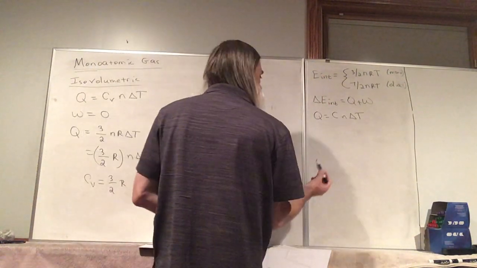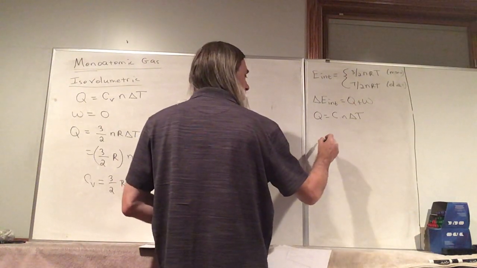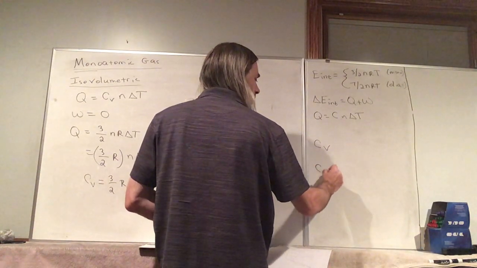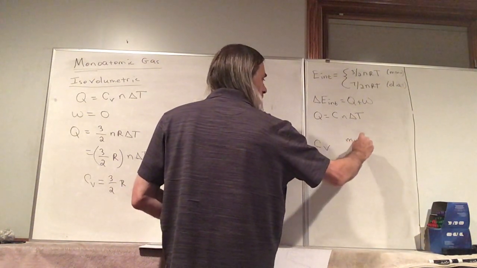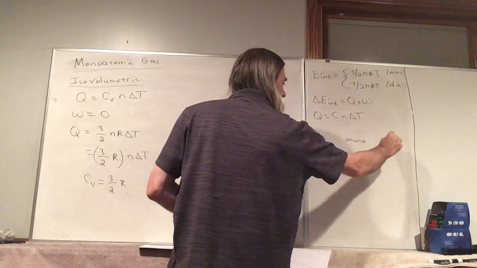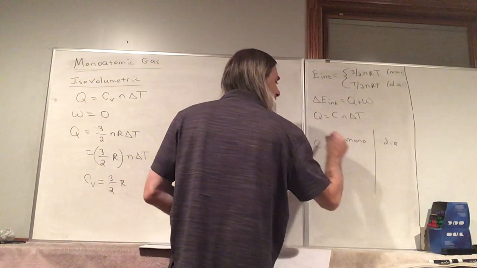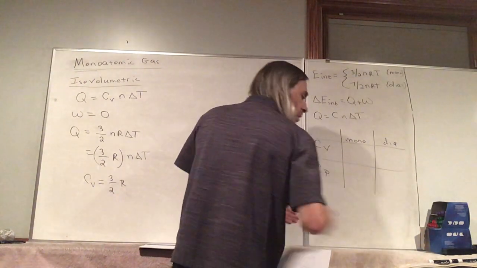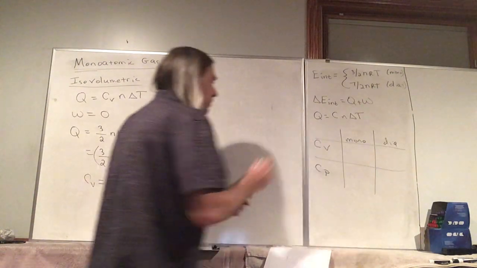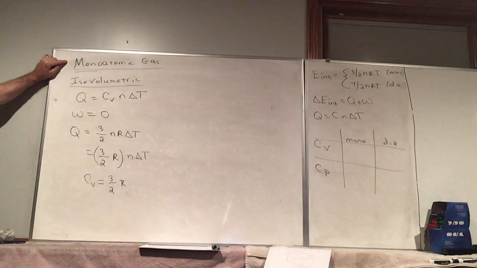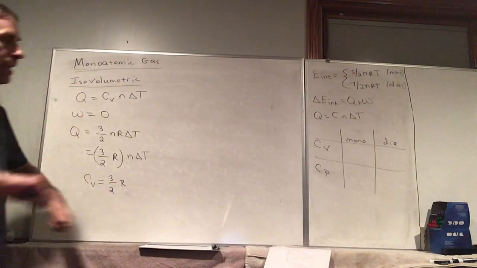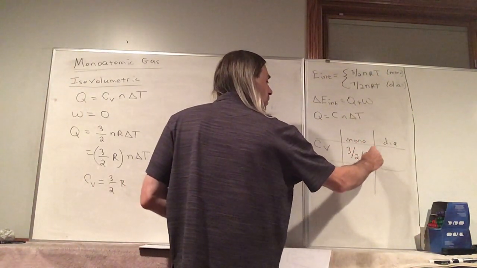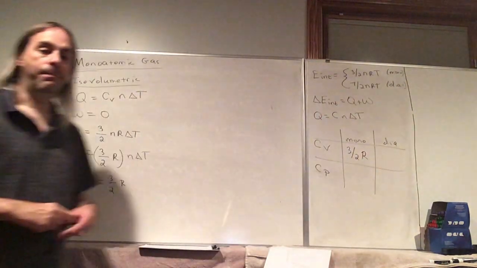So what we have now, we're going to make a table over here. So we're looking at a monatomic gas and finding CV, that is 3/2 R. Okay.